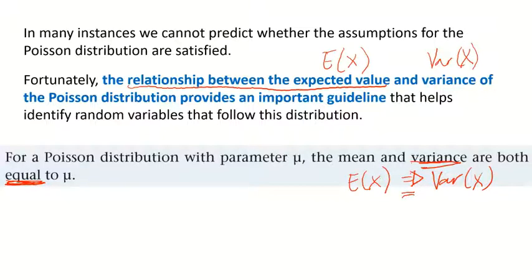Let's recall how we compute this expected value in binomial distributions. We simply multiply the number of trials times the probability of getting a success. Remember that. And in order to compute the variance, we simply have to include in the multiplication the probability of failure. Remember that. Now, in a Poisson distribution, these two are equal or maybe almost equal.